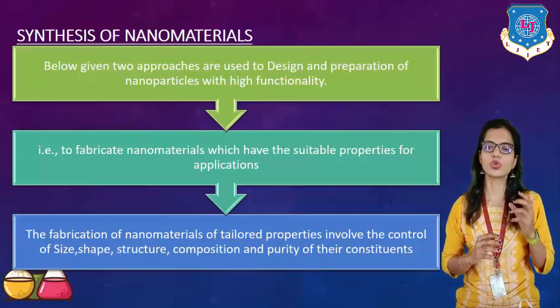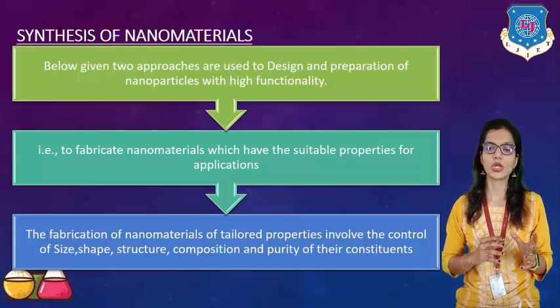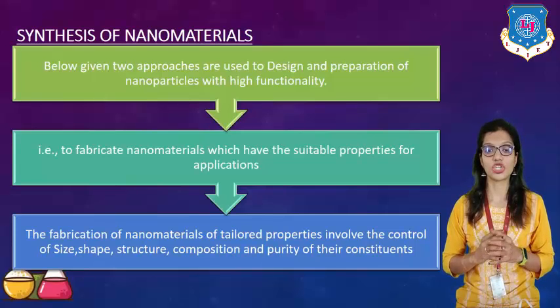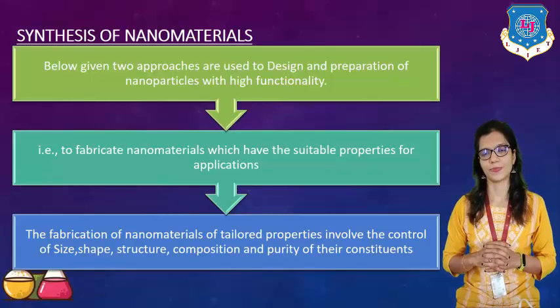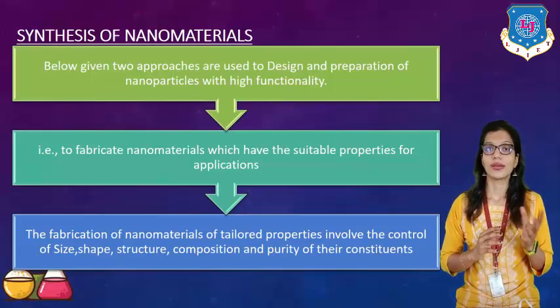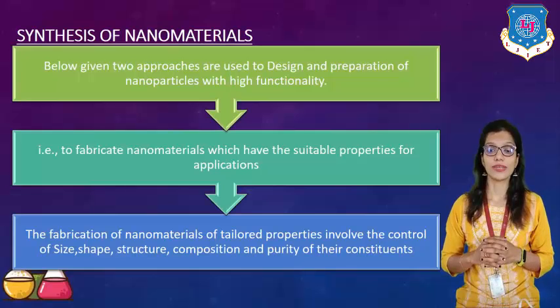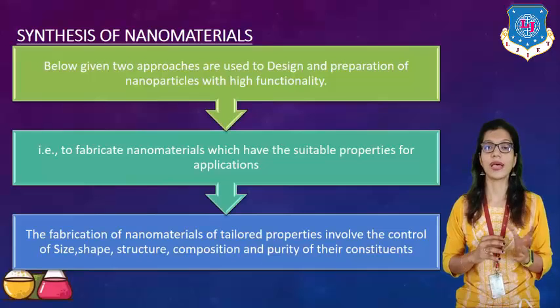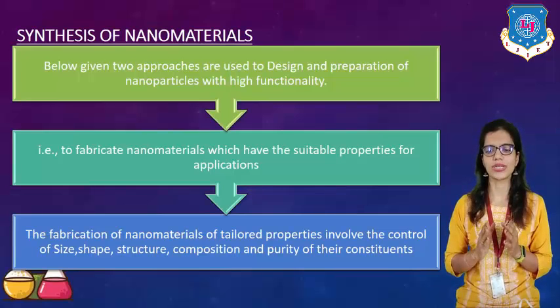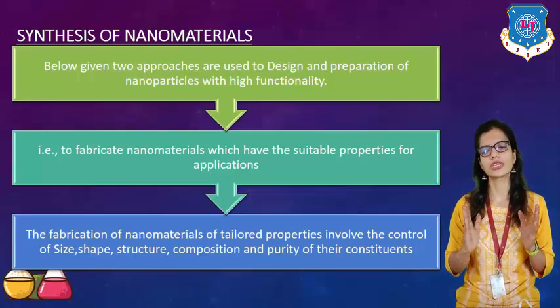Here we have two different approaches which are used to design and prepare nanoparticles with high functionality, to fabricate nanomaterials which have suitable properties for applications. Along with it, the fabrication of nanomaterials with tailored properties involves the control of size, shape, structure, composition and purity of the constituents.